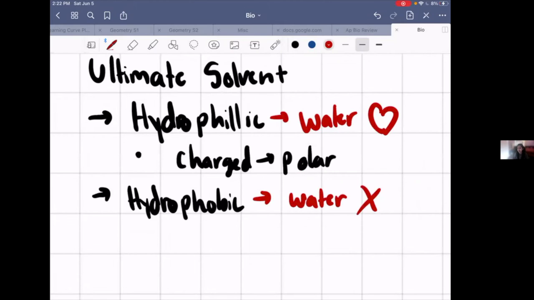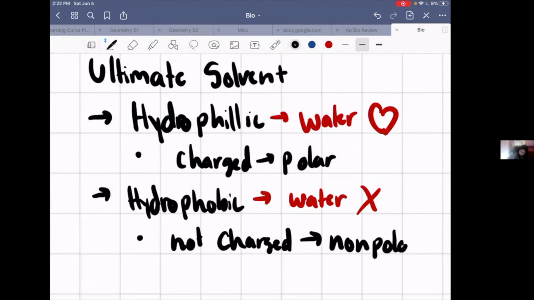They do not like water. The direct translation would be water fearing. So they do not dissolve in water, and they are not charged, which means that they are non-polar. So an example of a non-polar or hydrophobic substance would be like oil.